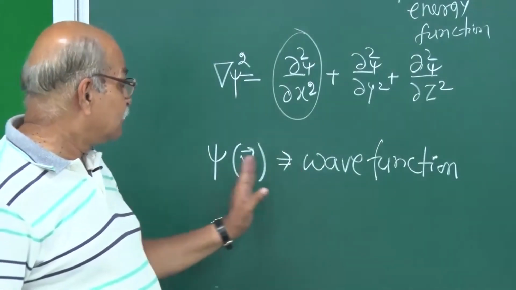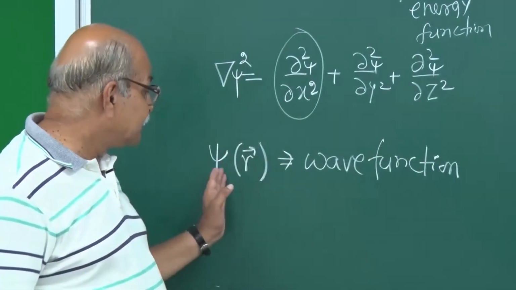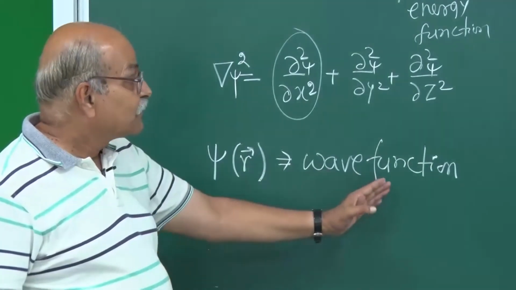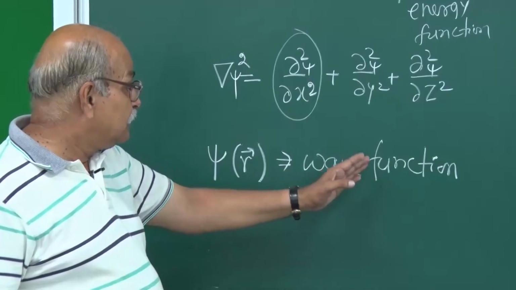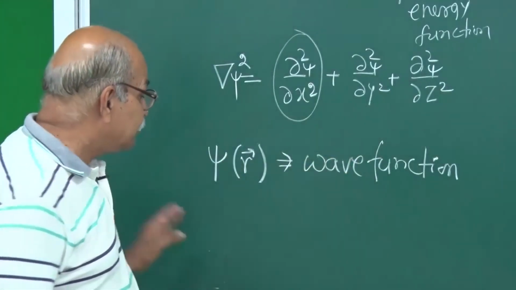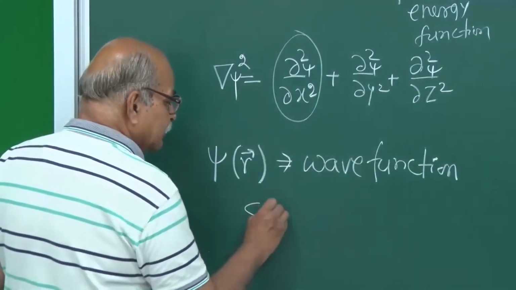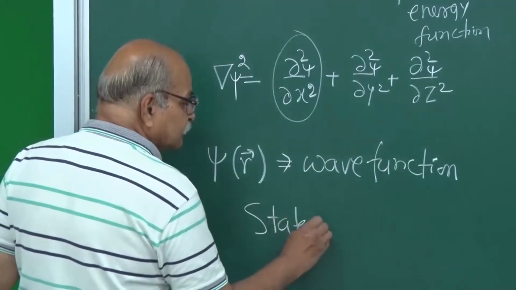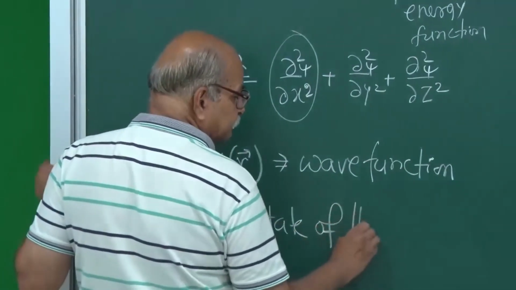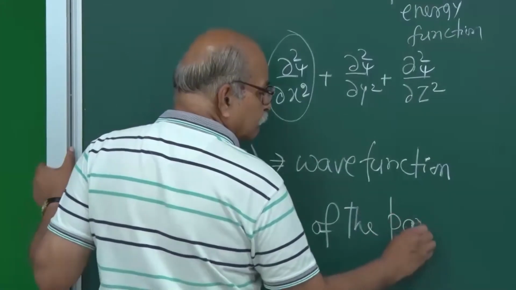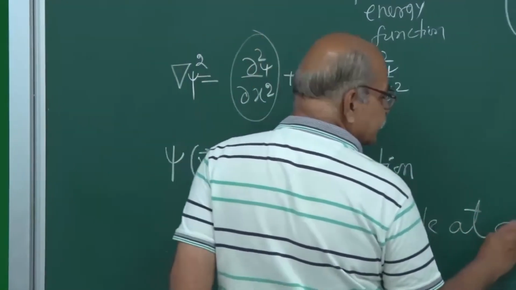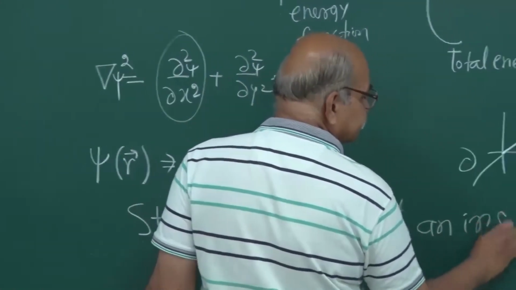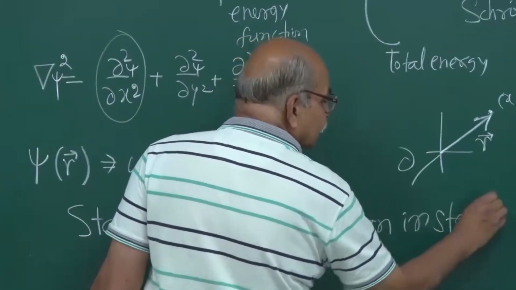So this is a function of the position vector, psi, known as the wave function. And now this is a very crucial statement: the state of the particle at an instant, right?